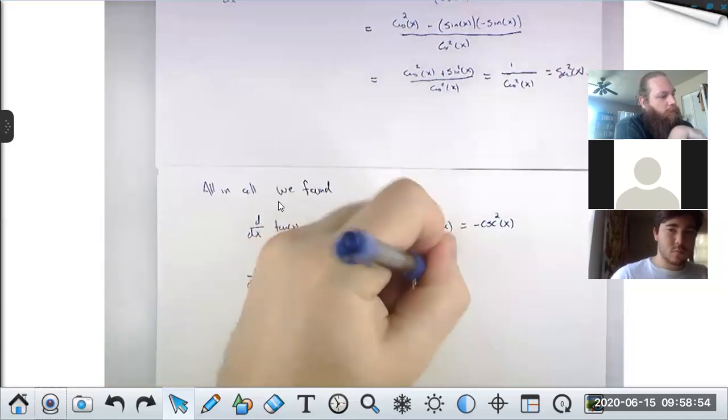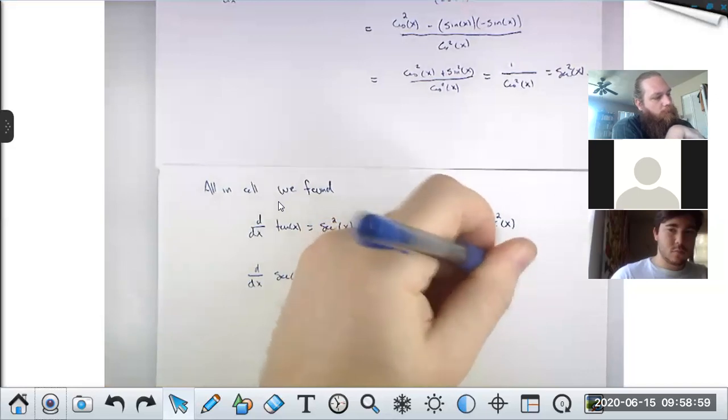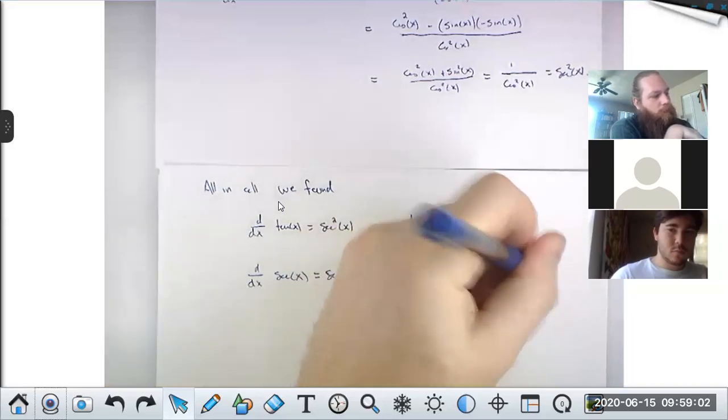And cosecant is negative cosecant x cotangent x.